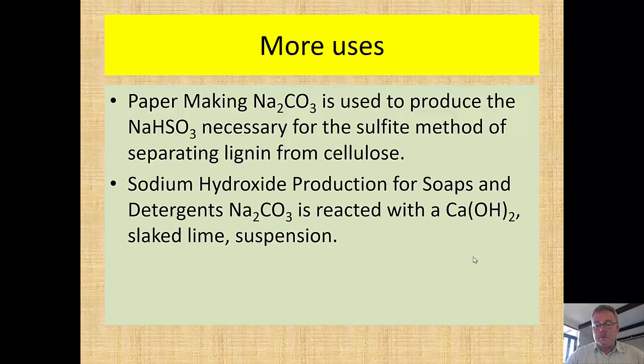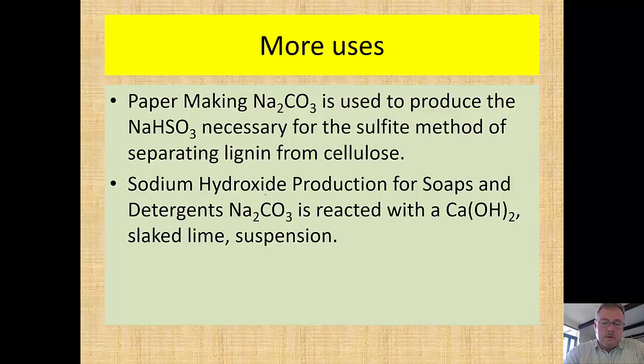Sodium hydroxide can be produced, to make soaps and detergents. It's reacted with calcium hydroxide, which is slaked lime. It's calcium carbonate heated to form calcium oxide, then added to water, and it forms calcium hydroxide suspension.